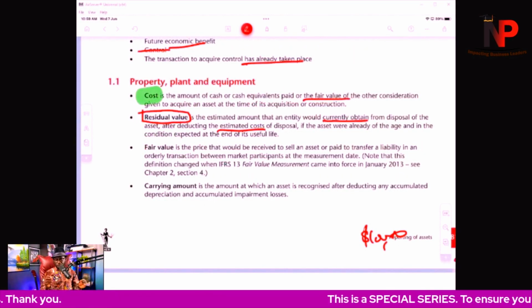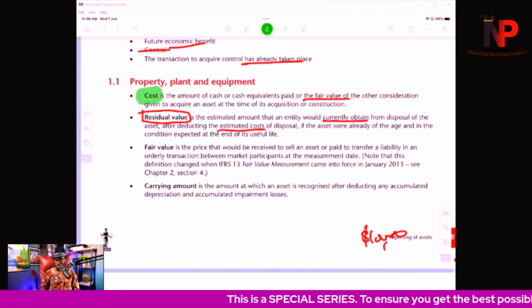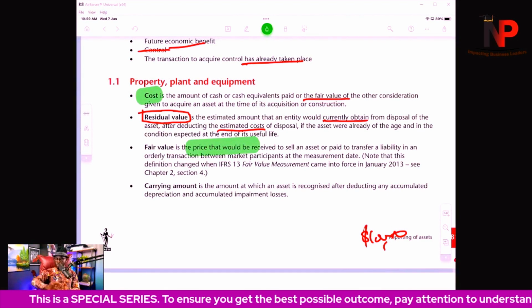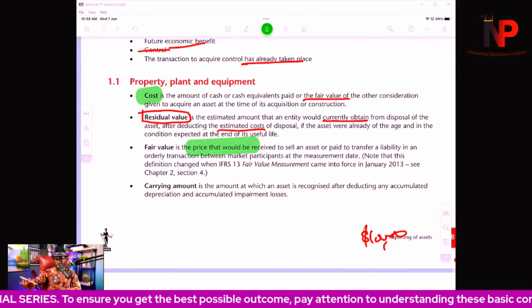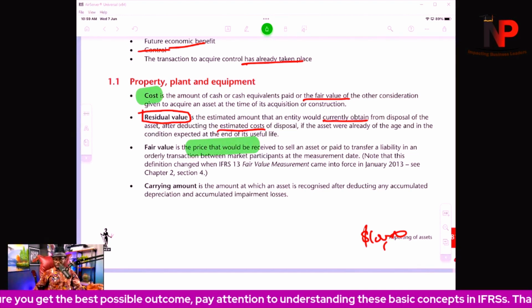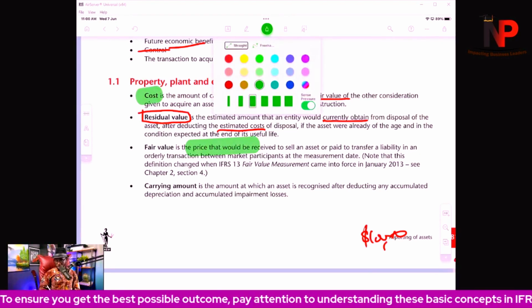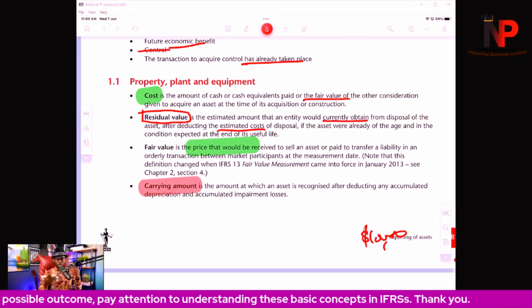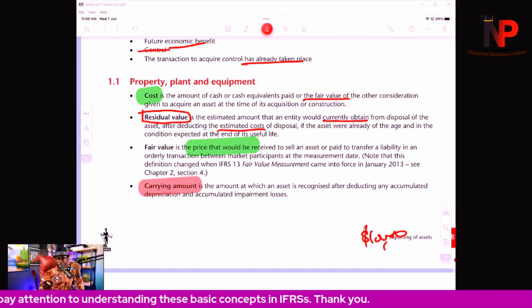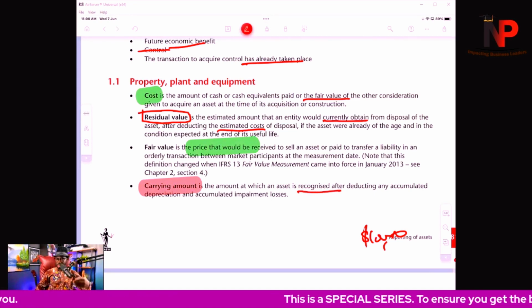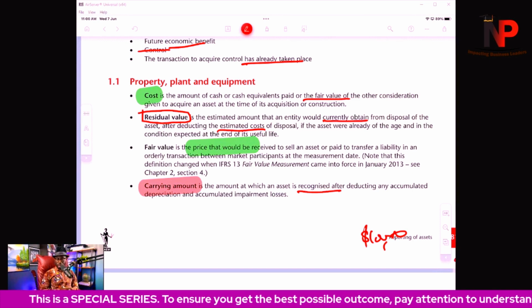Fair value. Fair value can be defined as the price that will be received to sell an asset or paid to transfer a liability in an orderly transaction between market participants at the measurement date. Next is going to be carrying amount. When we say the carrying amount of an asset, what do we mean? The carrying amount is the amount at which an asset is recognized after deducting any accumulated depreciation and accumulated impairment losses.